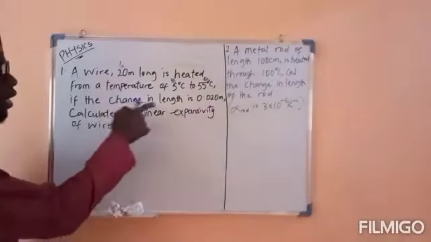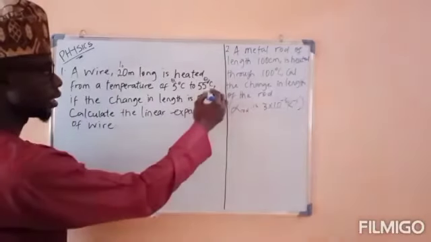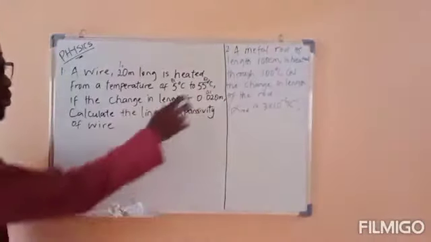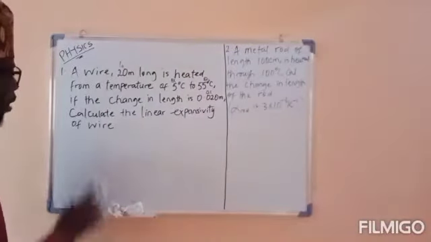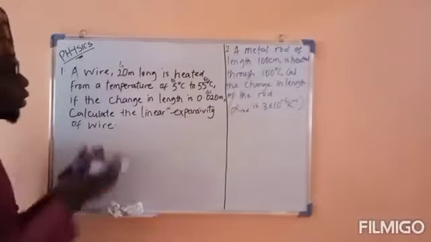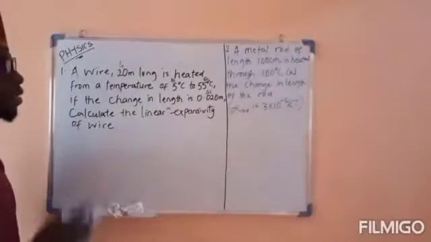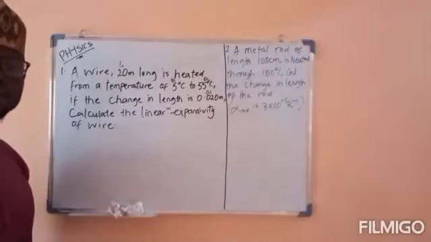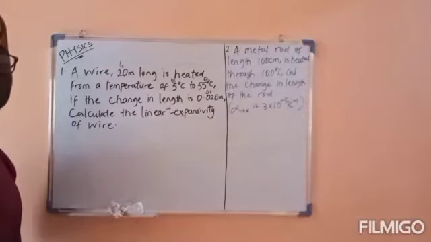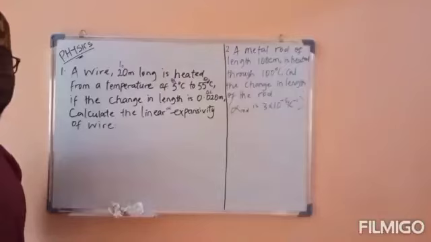If the change in length, remember I told you delta L is change in length. Calculate the linear expansivity. This is what I'm looking for. If you are able to identify each of the parameters, you have no problem. The next thing is to recall your formula, input them, and solve.